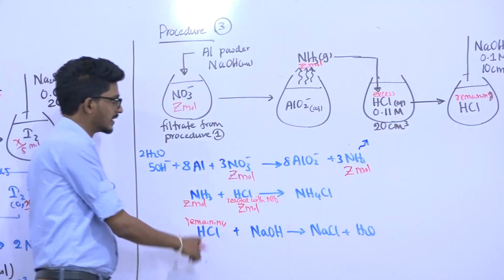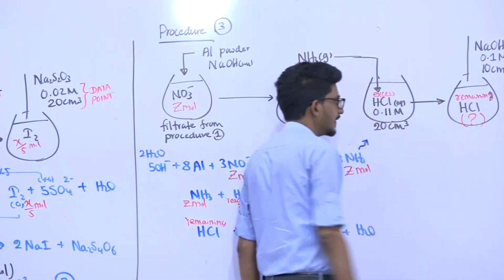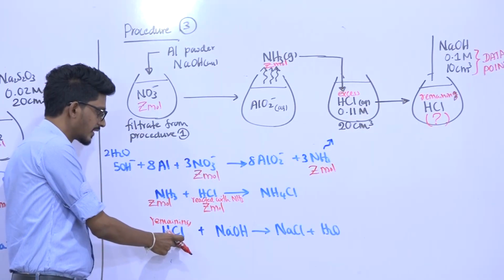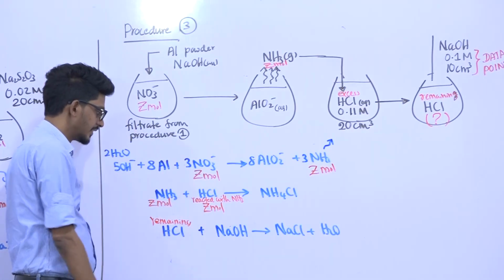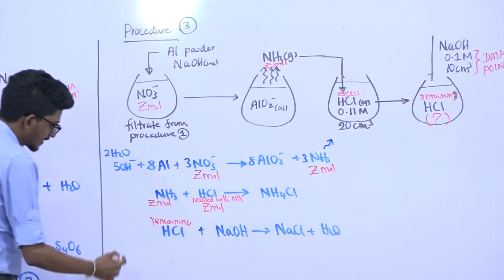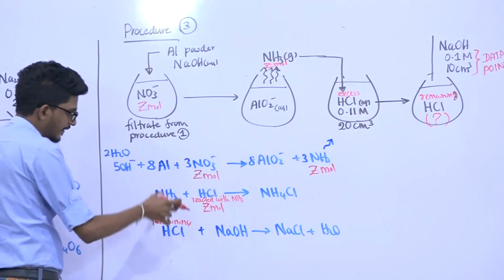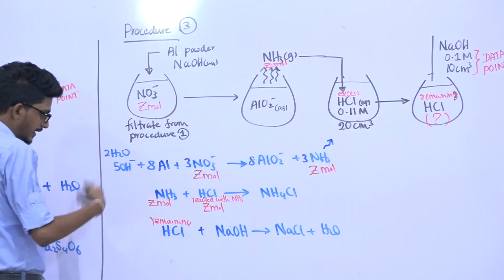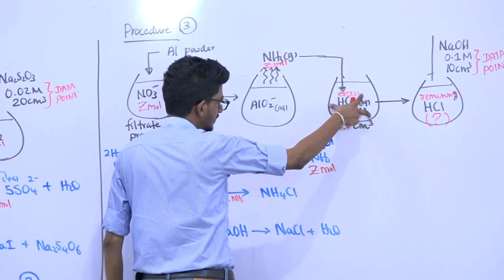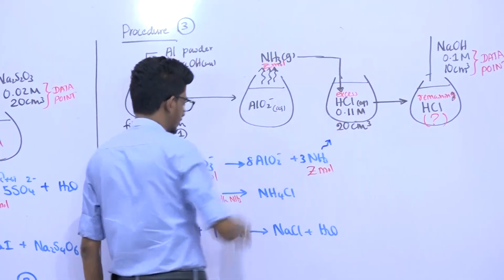So remaining HCl appears here. The remaining HCl is the HCl added minus the HCl reacted with NH3. Remaining means the total amount added minus the amount that reacted.